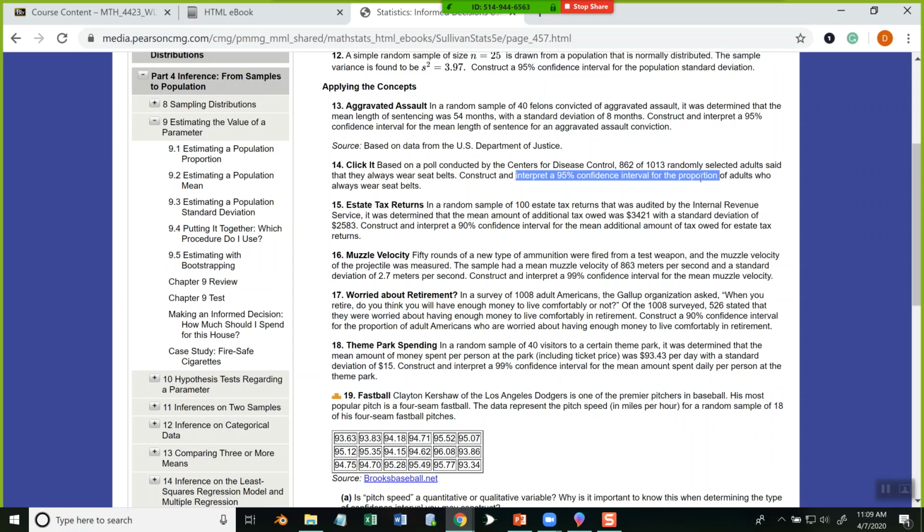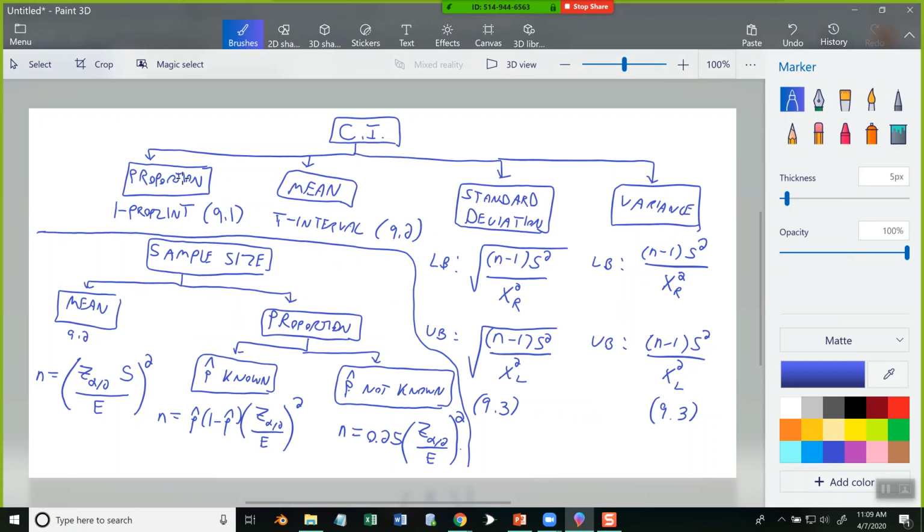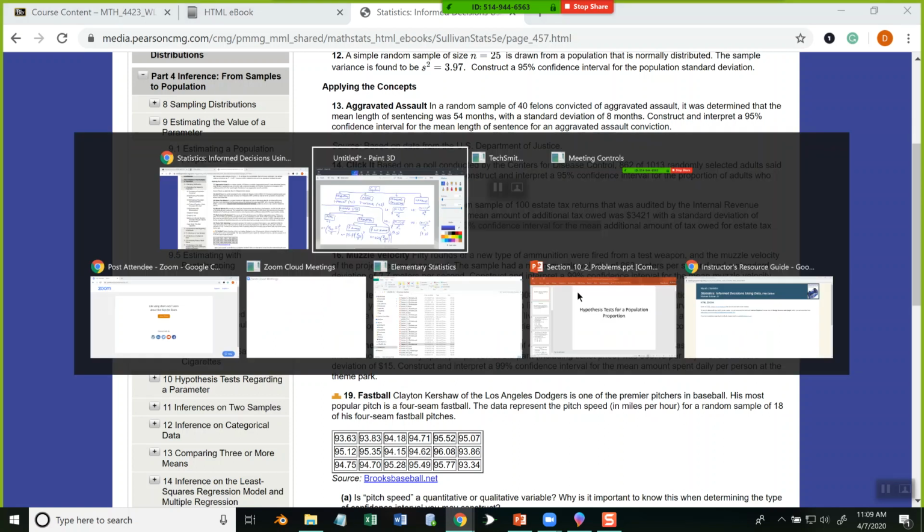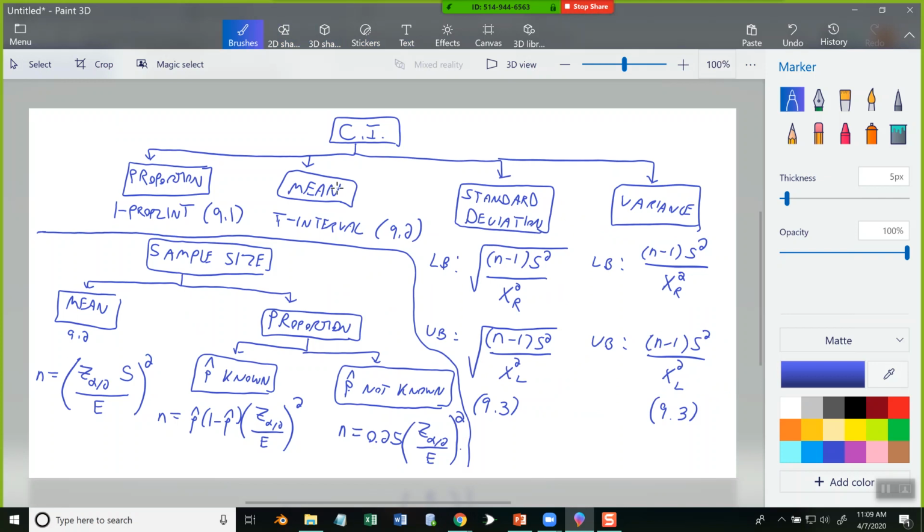For the proportion, that would be 1-PropZInt, 9.1. Number 15, construct a 90% confidence interval for the mean. Confidence interval for the mean, we would use t-interval, and that's section 9.2.